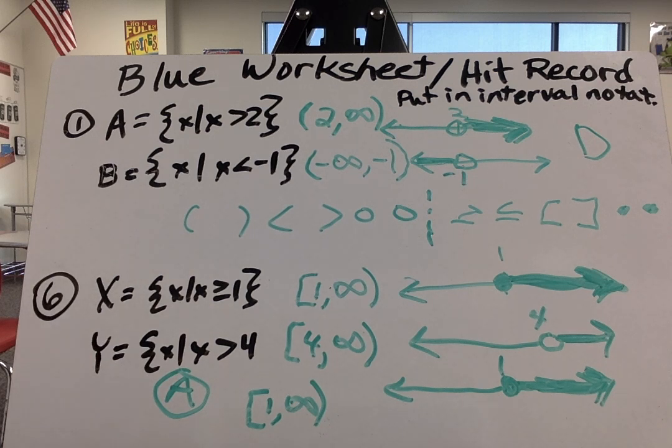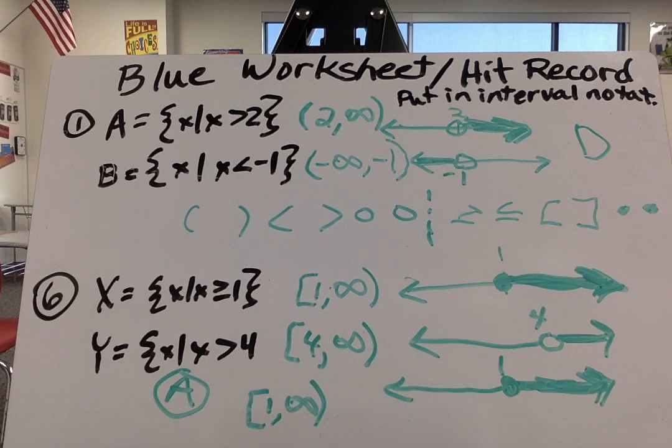11 is kind of weird. Maybe we'll do 11 really quick. 11, x is greater than 1, and x is less than 1.